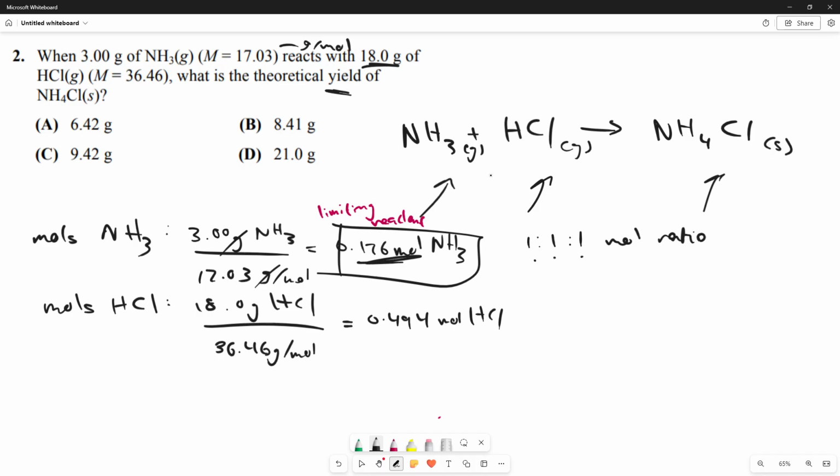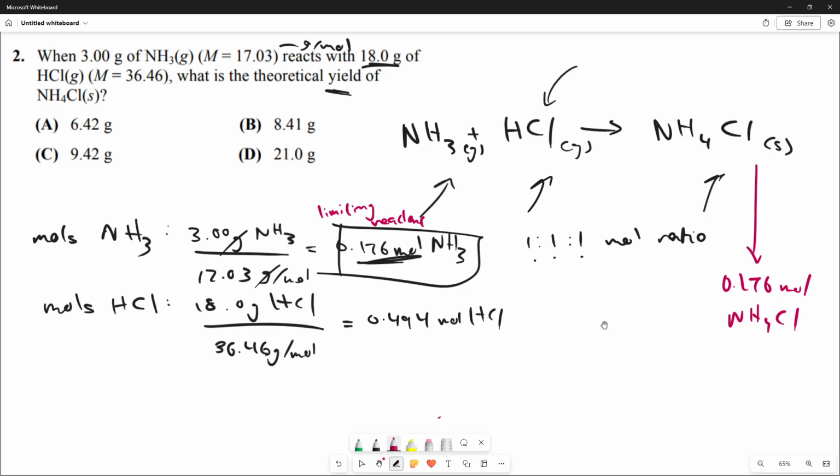That's because no matter how many moles of HCl we have, in this case 0.494 moles, it's always going to be limited by the moles of NH3, because we can't form more than we have. So there's going to be 0.176 moles of NH4Cl as well.